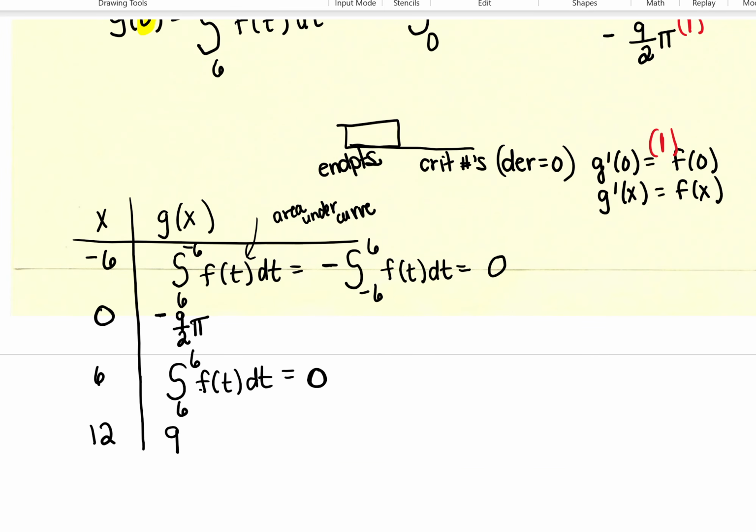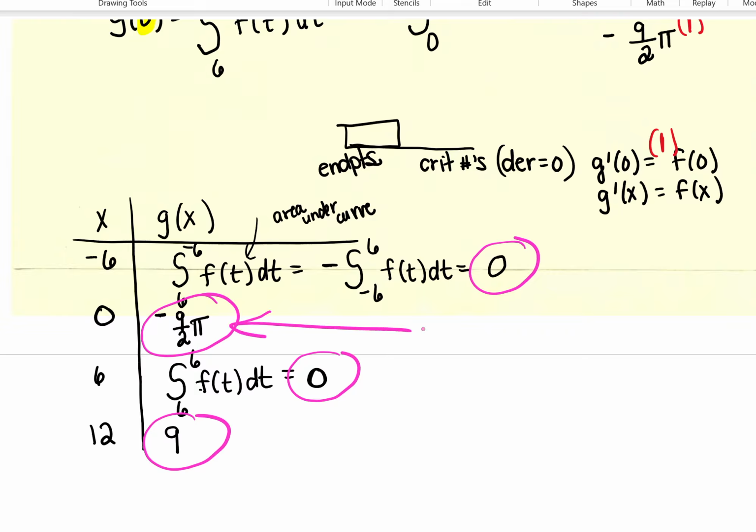And we can see of all of these values right here, 0, -9/2 pi, 0, and 9, this is the smallest. So it's my minimum.